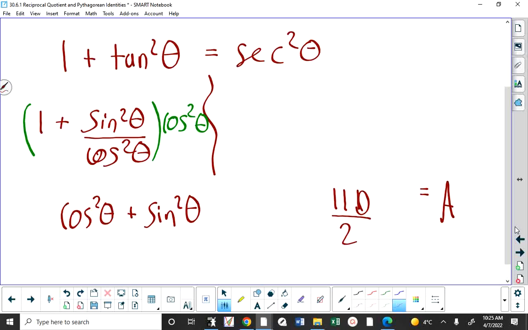And I want to get rid of that 2. Can I just do this? I can't just get rid of the 2 and say, sorry, Mr. Way, I thought you were 55. You're 110 now. You cannot multiply something unless you multiply it by 1.